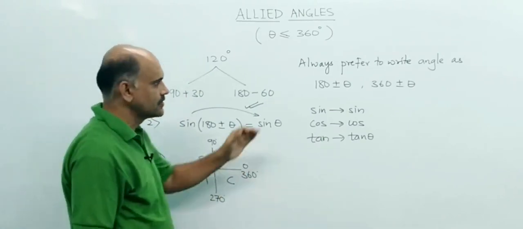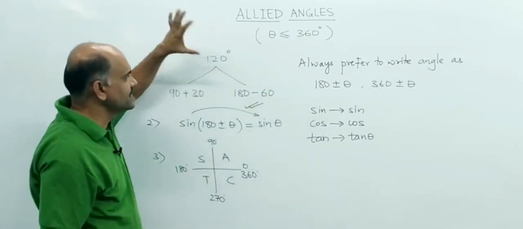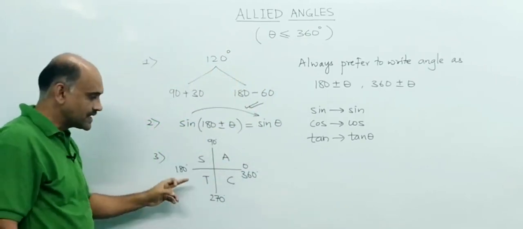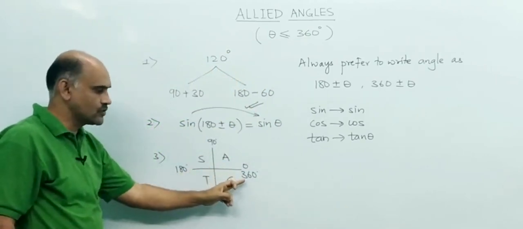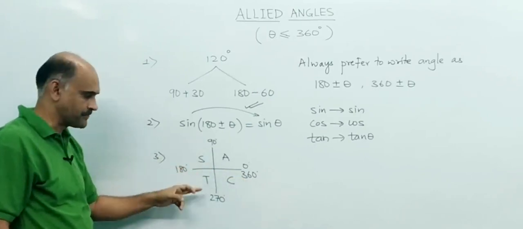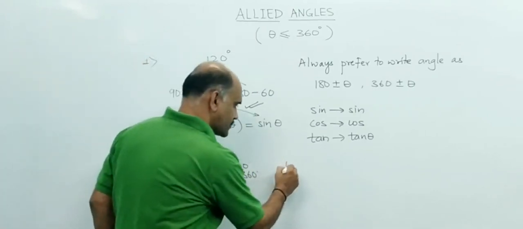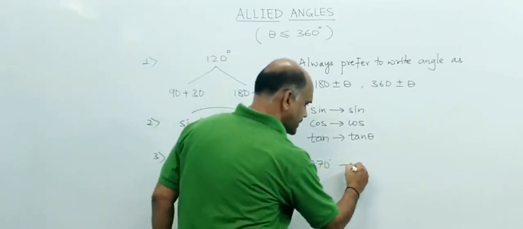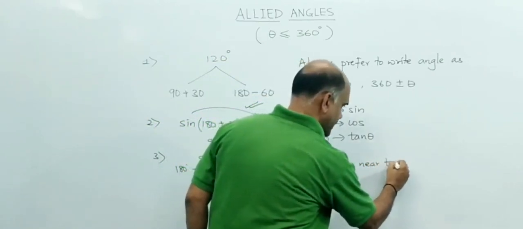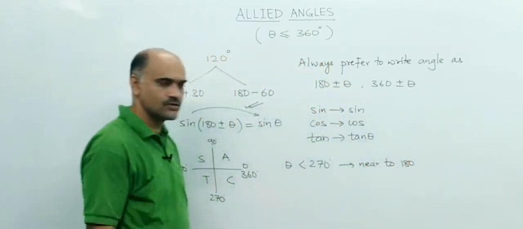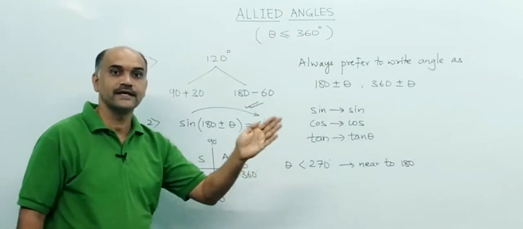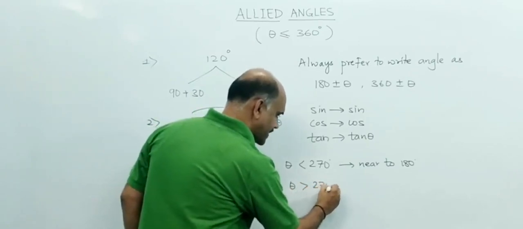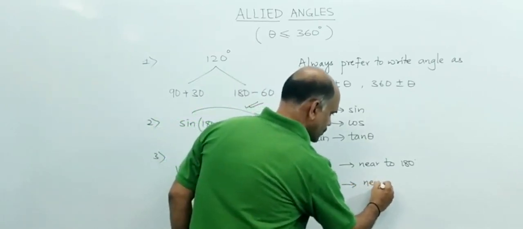Now another hint: when the angle is given, like 120, 330, 225 and so on, how do we check whether it is near to 180 or 360? If the angle theta is less than 270, it is near to 180 degree, so use 180 plus or minus. If theta is greater than 270, it is near to 360 degree.